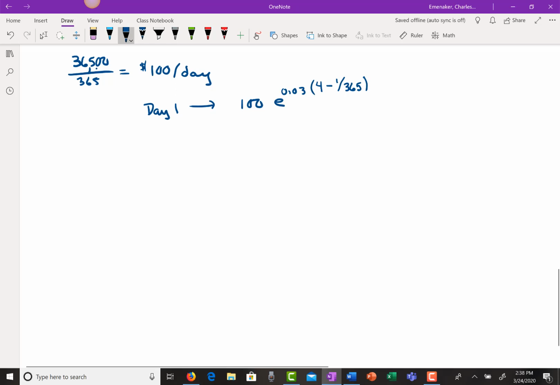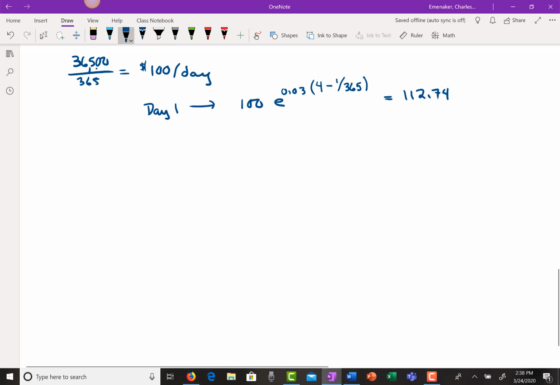Okay, so remember, this wouldn't be exactly 4 years. It's going to be 1 day less than 4 years. And to get 1 day less, it's 1/365th, because there are 365 days in 1 year. Okay, so what this works out to be is a total of $112.60.